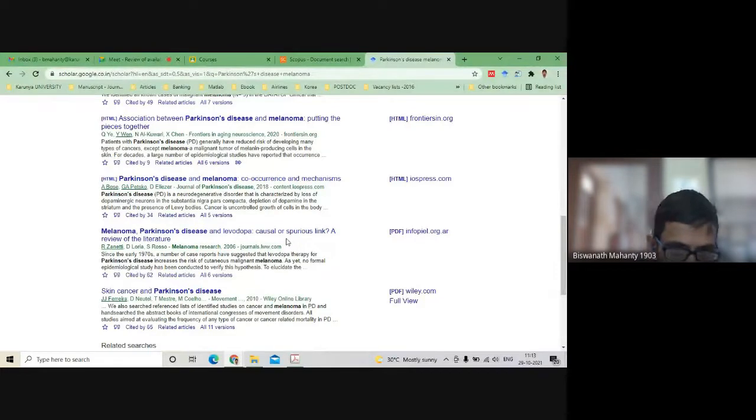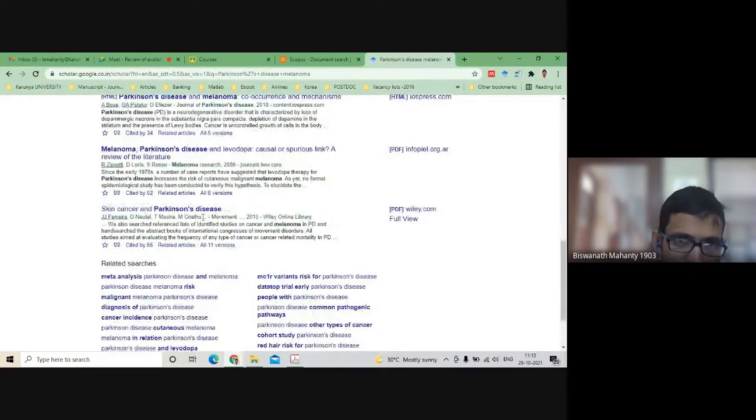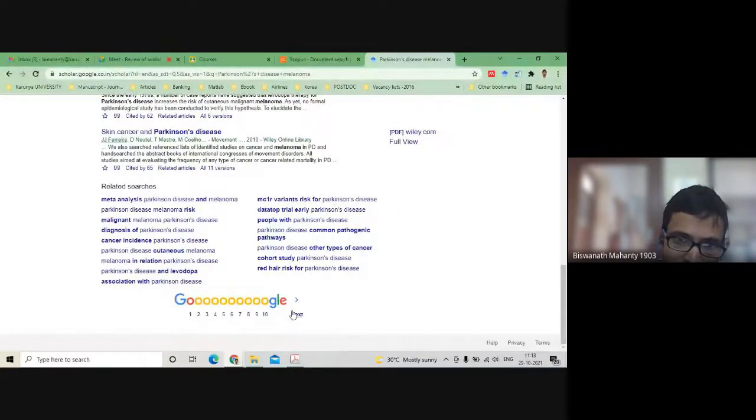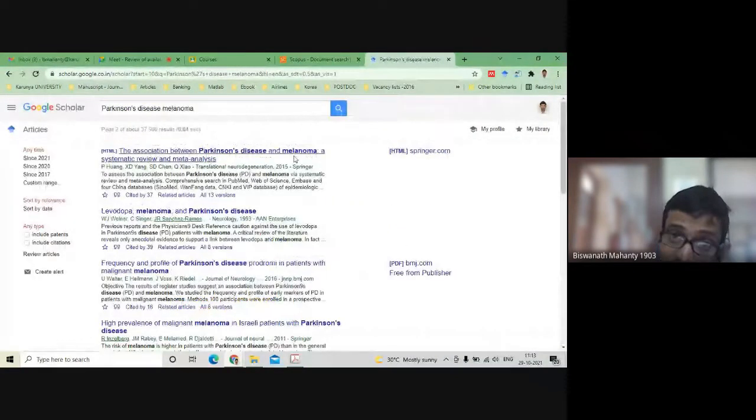But the question is, how many is many for you? Because after some time, I will slowly go away. You see, Parkinson's disease, then skin cancer; melanoma is not coming, maybe because the same terminology is used, right? Some diseases can have two different names also, so look for any possibility of new names.